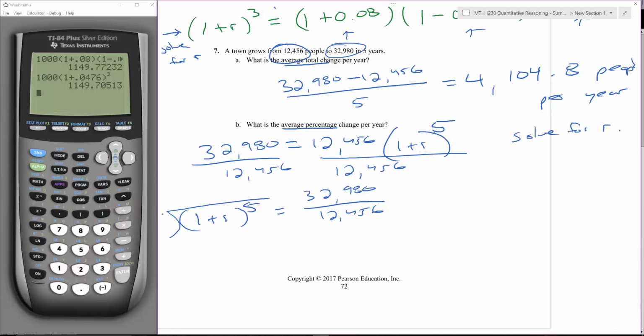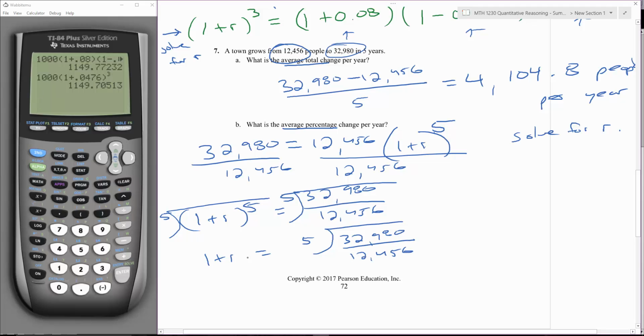If I take the fifth root of both sides, I would get 1 plus r equals the fifth root of 32,980 all over 12,456. And then to get r by itself, I need to subtract 1. So here on this side, I'm left with just r.